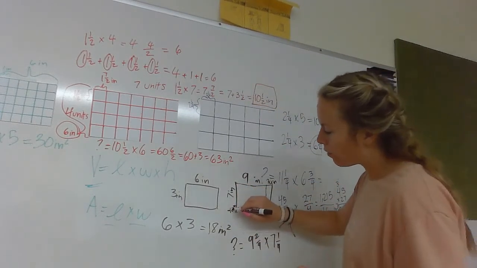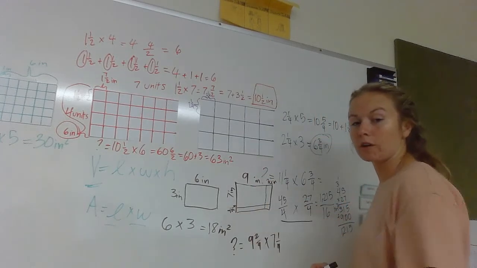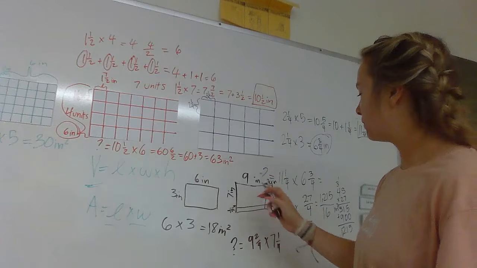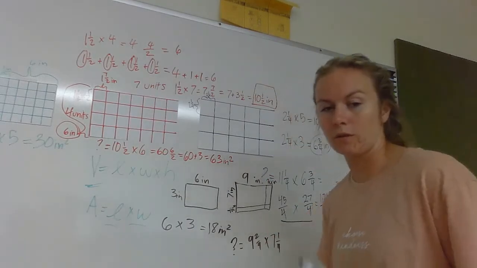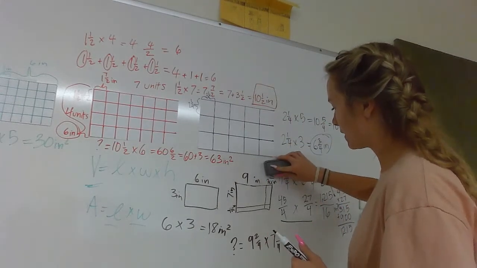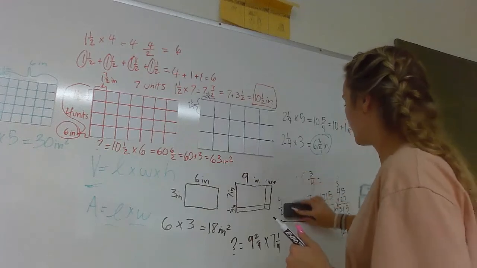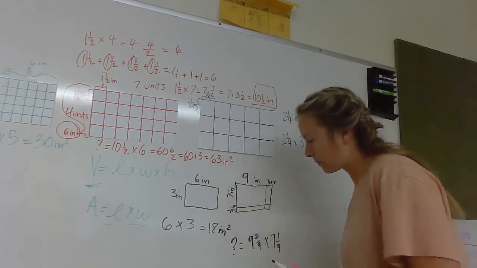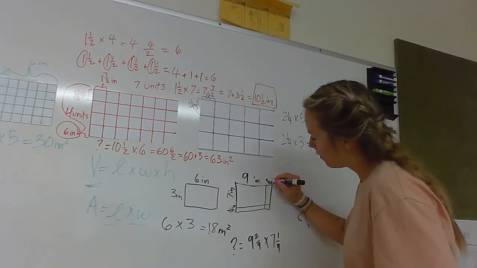With each of our dimensions now, we're just going to cross multiply. I'm going to erase this part so you guys can see it a little bit clearer. There you go.